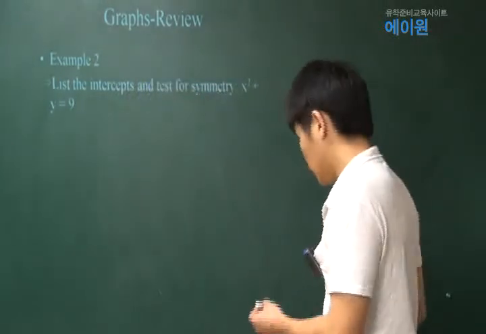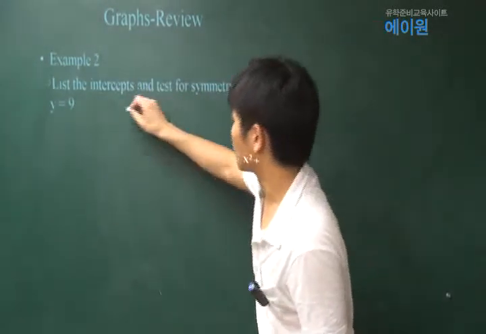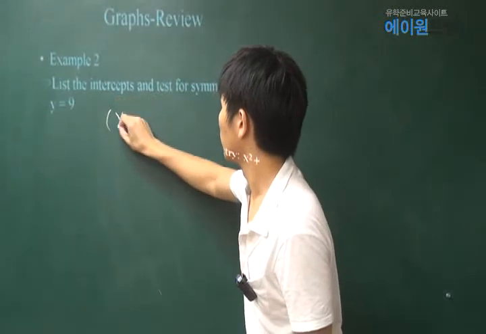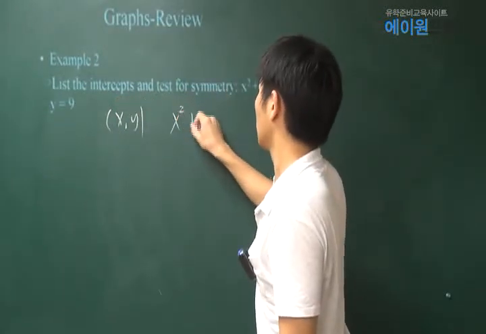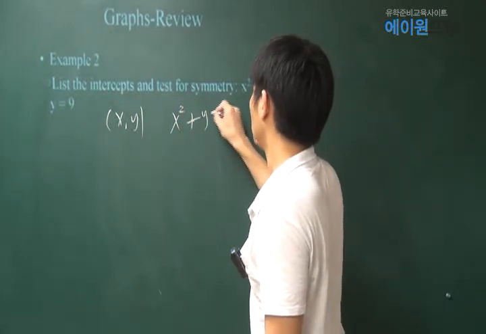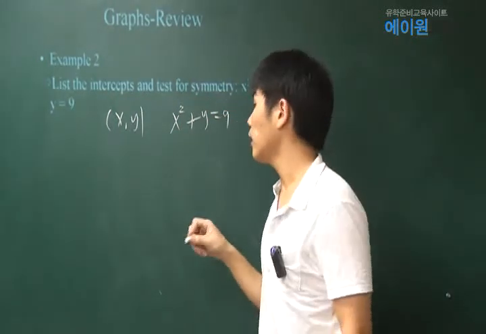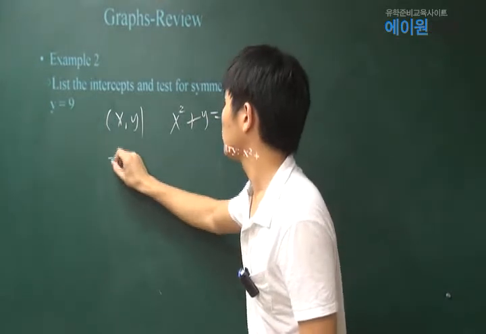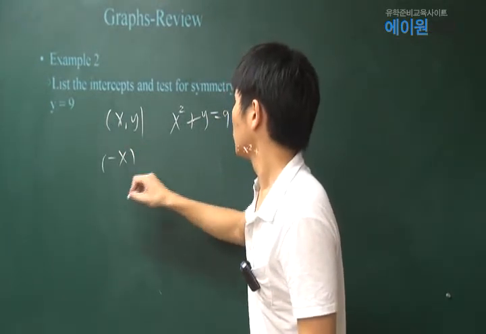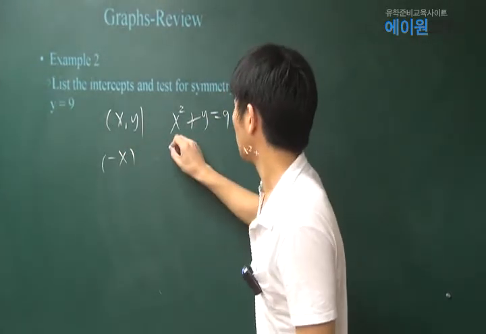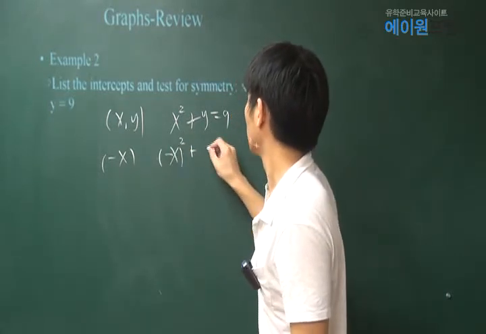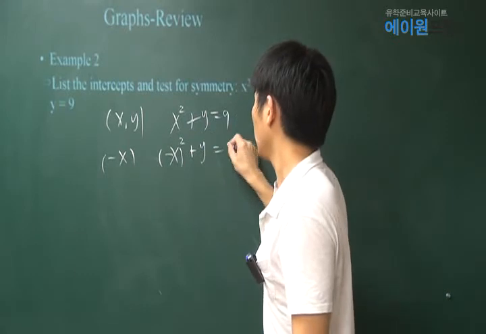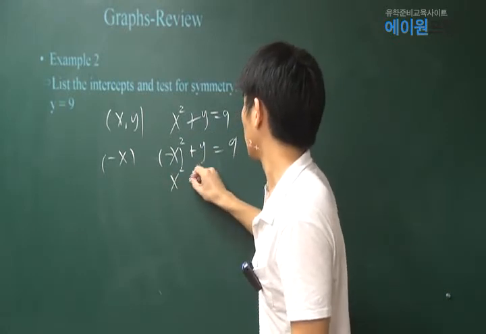Now again, testing for symmetry, we start off with x, y, and negative x. So let's just start off with x, y. In this case, that would simply be the same equation, x squared plus y equals 9. Now inputting negative x, that would be negative x squared plus y equals 9, which is equivalent to x squared plus y equals 9.